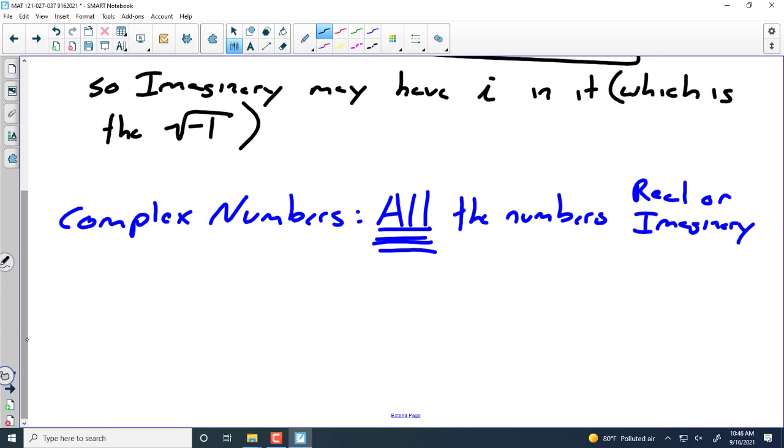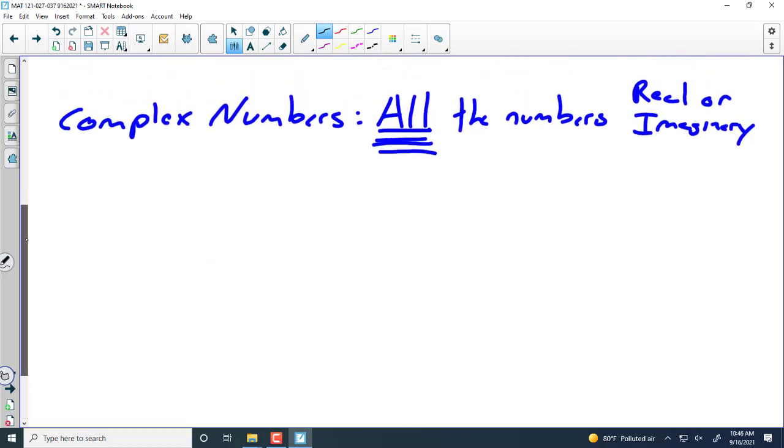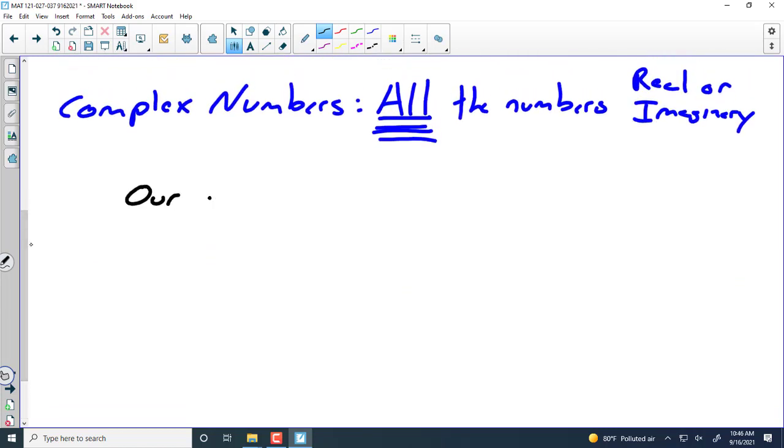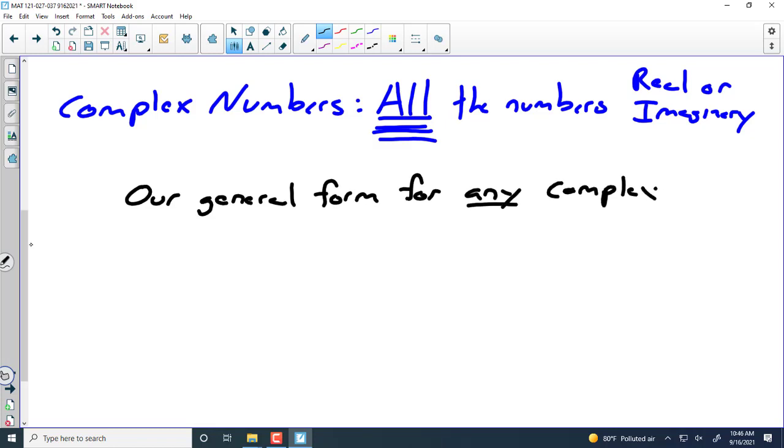But we need a general form to write that, so our general form for any complex number is a plus bi.